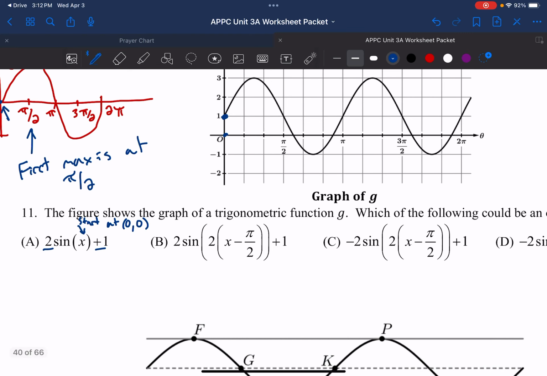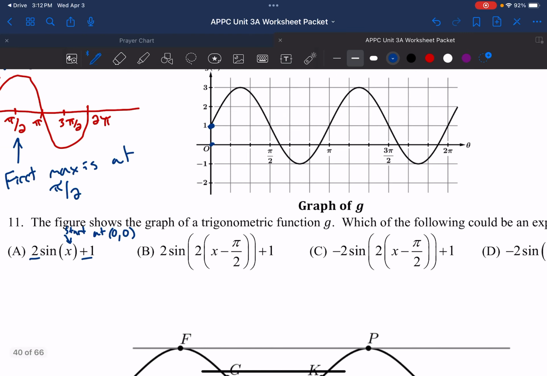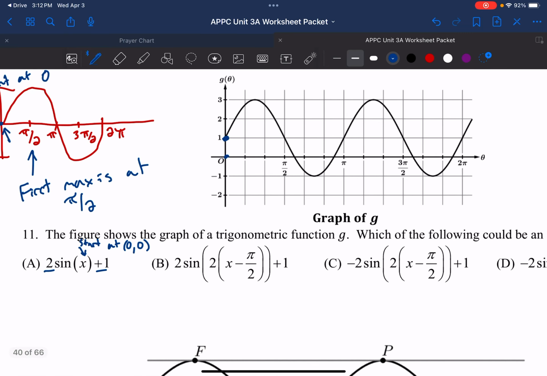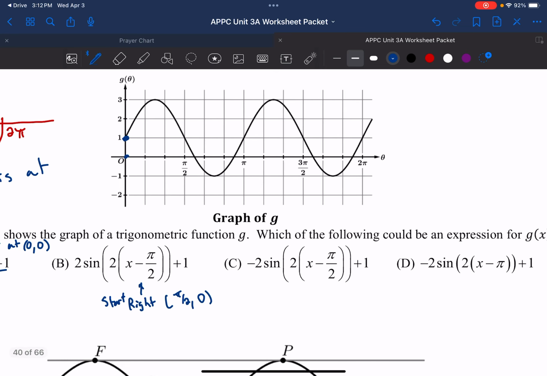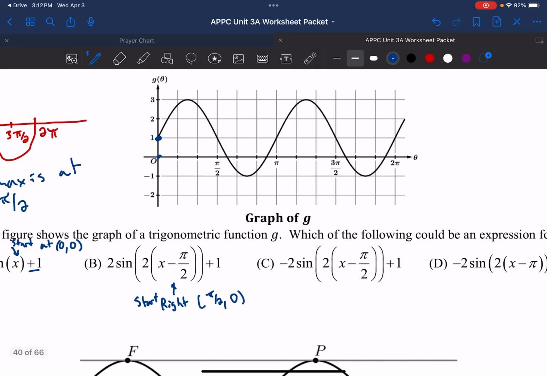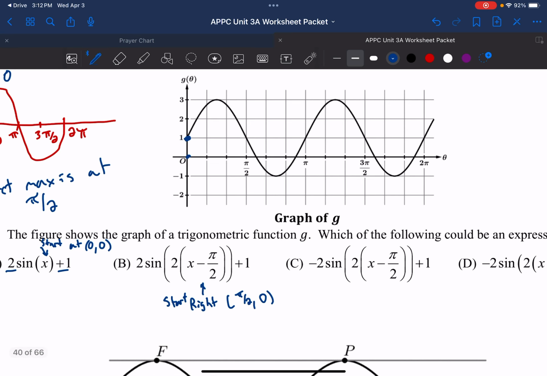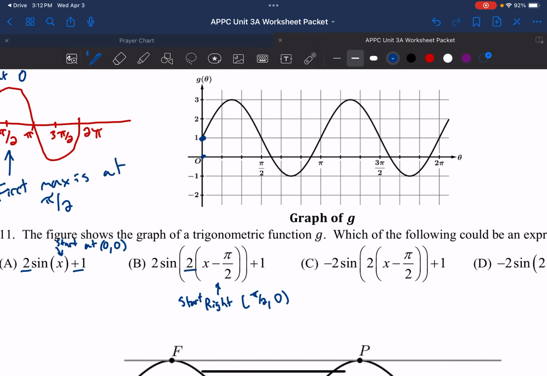And then here, this tells me to start right at pi over 2, 0. Then I can say, okay, well, I multiply by 2, and I'm multiplying the y value here by 2. That's still 0, and then I end up at plus 1.